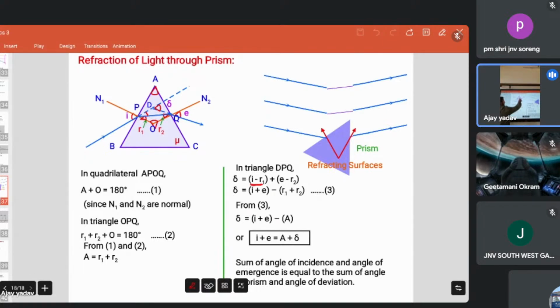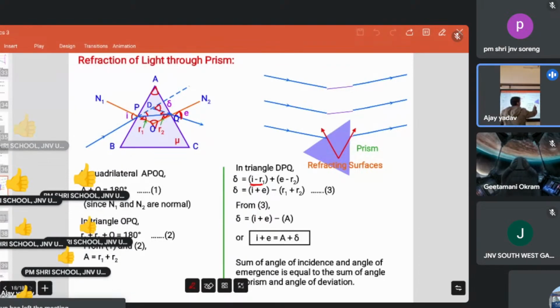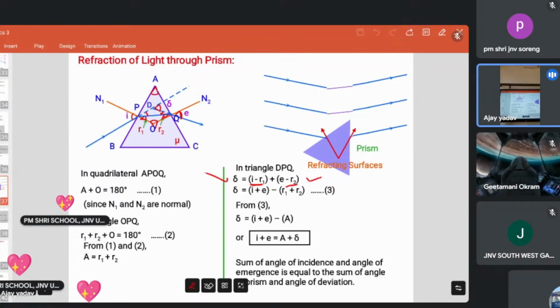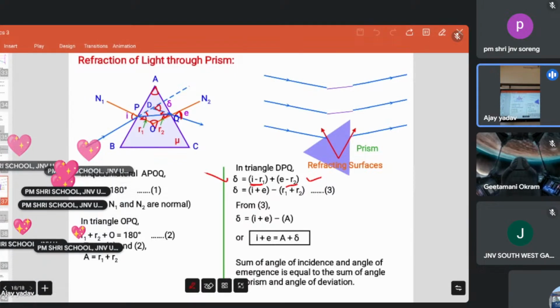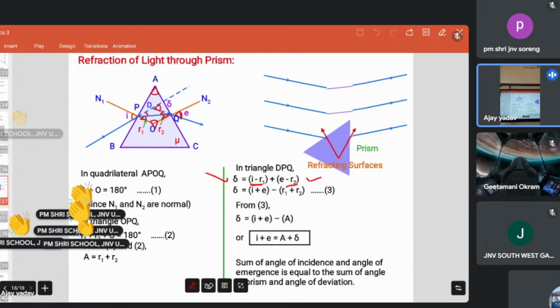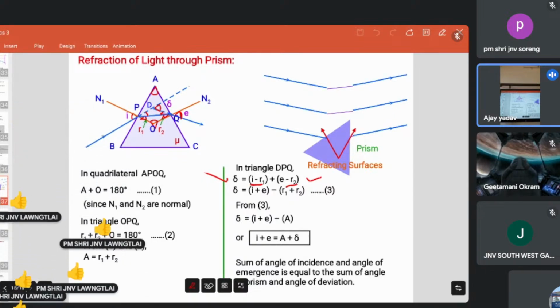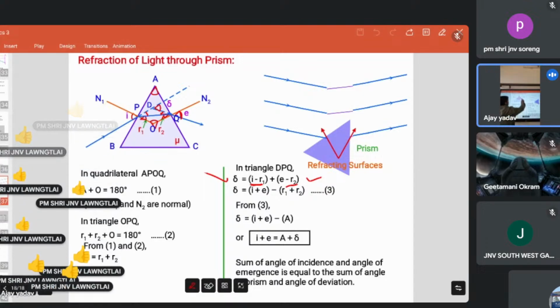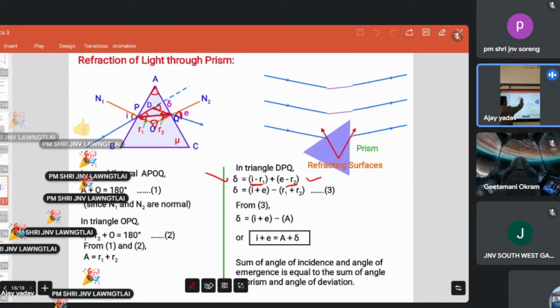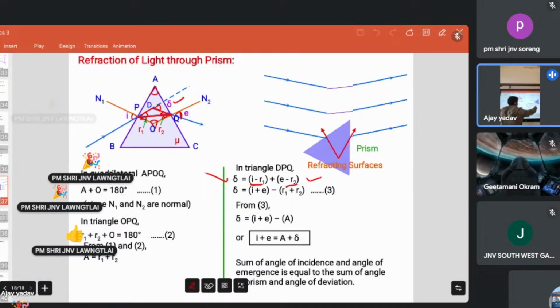Similarly, this angle is e minus r2, because this is r2 and this complete angle is e. The sum of these angles is equal to delta. Why equal to delta? Because we studied in the last topics that the exterior angle of a triangle is equal to the sum of the two internal opposite angles. So the exterior angle of DPQ is delta, and it is equal to the sum of these angles.